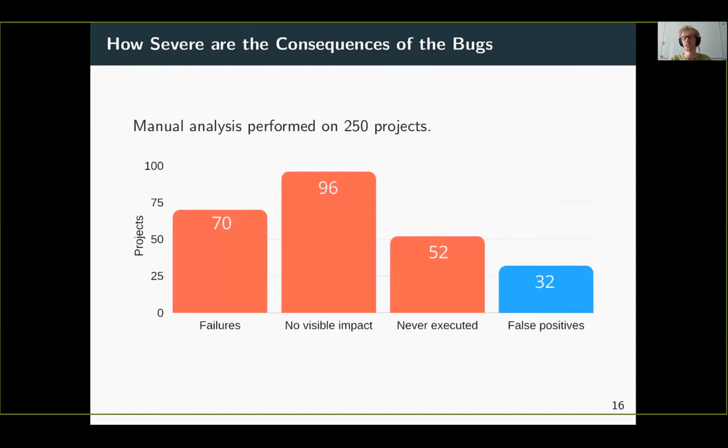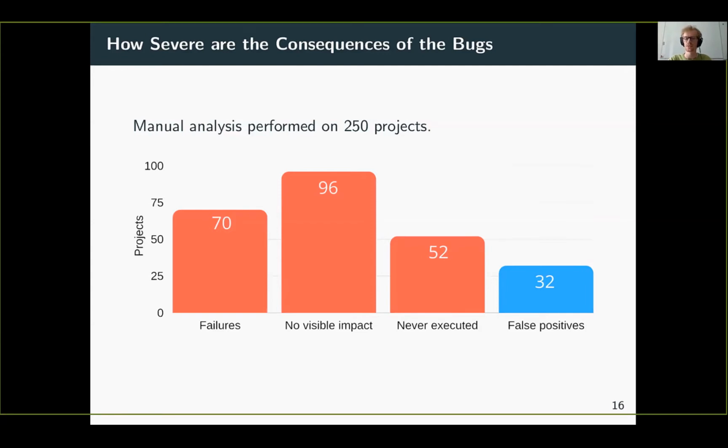This means that the project did not work as intended, or in some cases even stopped working completely. In 96 projects, there was no visible impact, maybe because the sprite where the bug was contained was hidden, or because it was off screen. And in 52 projects, the bug was in dead code and was simply never executed.